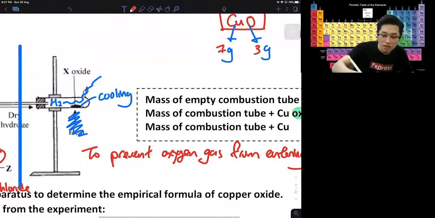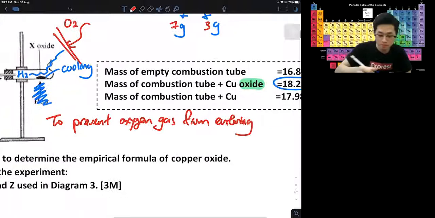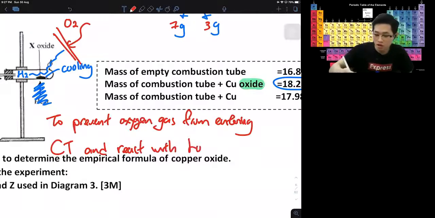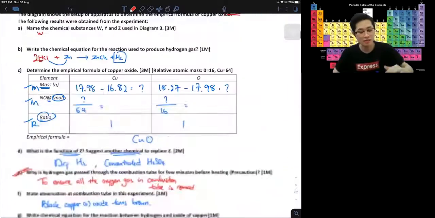That means you don't want oxygen to enter the combustion tube and react with the hot metal. Of course, if the metal is copper, then we'll say hot copper. Because if it is hot, it can still react with the oxygen to form copper oxide or a metal oxide. So that is the reason.